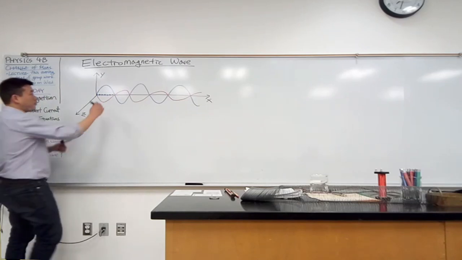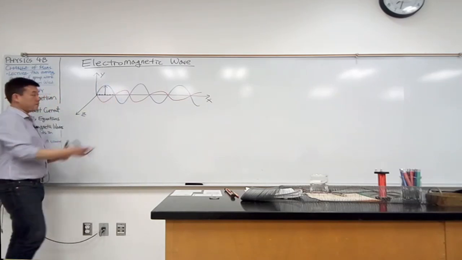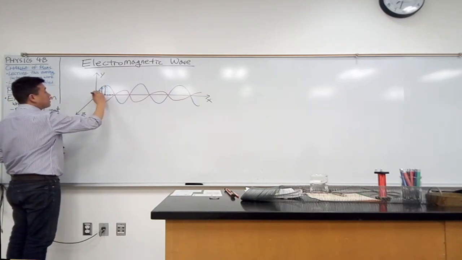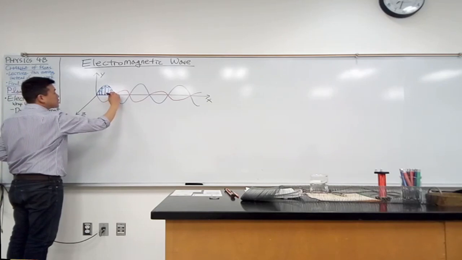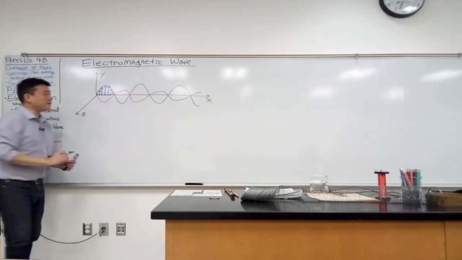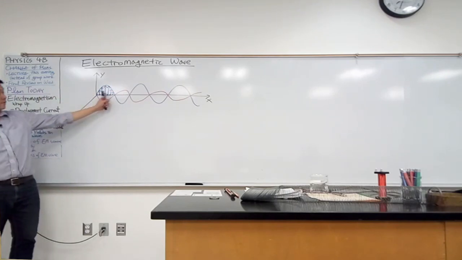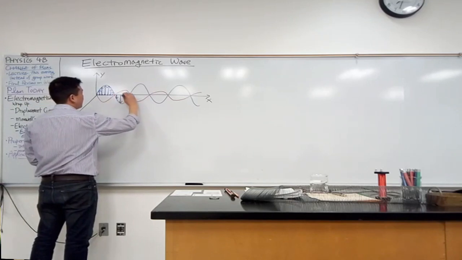If there's a point where I have the strongest electric field, then around that point, there will be a weaker electric field. You have to imagine me representing this in a snapshot form, as in I froze time. This is a moment in time, and at this moment in time, my electric fields look like this. So let me just finish drawing some of them.